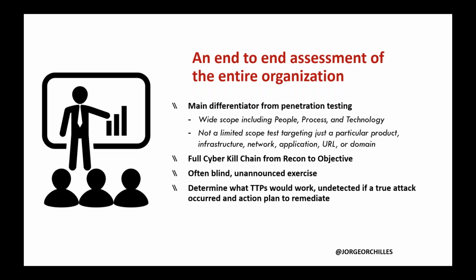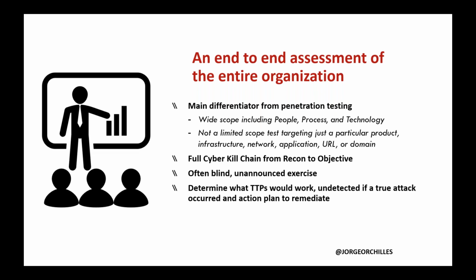We want to talk and do the full cyber kill chain, right? This is one of the earlier frameworks by Lockheed Martin that started with recon and ended with an objective. We want to do all of those. Most of these red team engagements are blind. When you're not doing a blind engagement, then we like to call that a purple team engagement, where you're working together with the blue team.